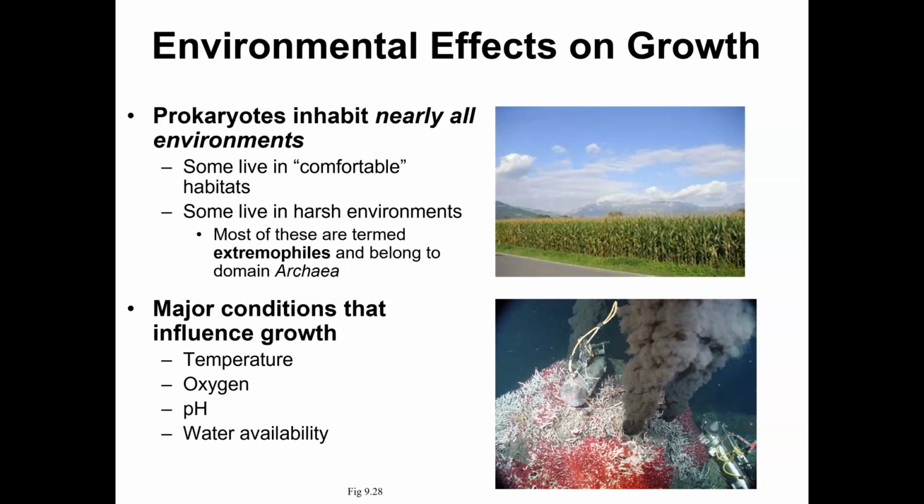Okay, room temperature, neutral pH, oxygen is present, not particularly salty. Okay, most of them like the environmental conditions we do, but as we've seen, because of the ubiquity of microorganisms, they'll occupy even the most extreme environments.